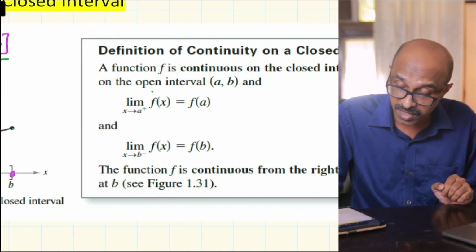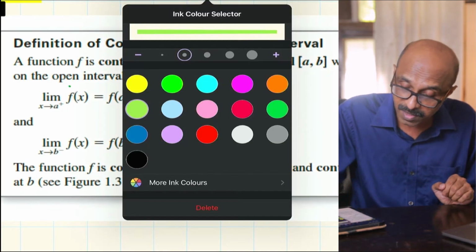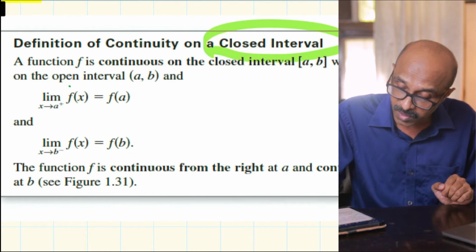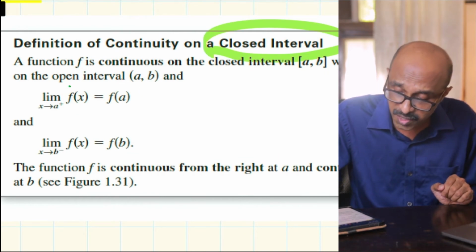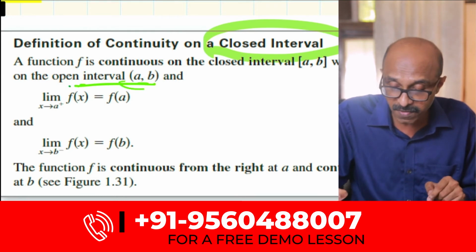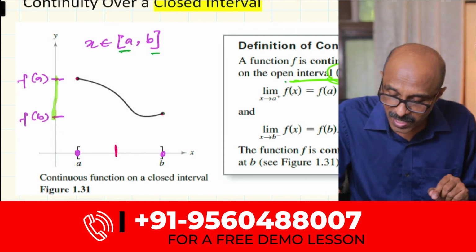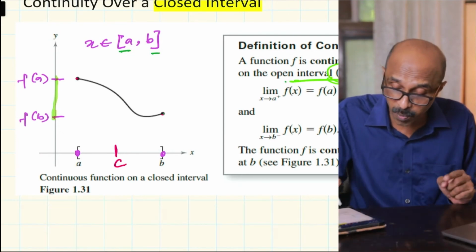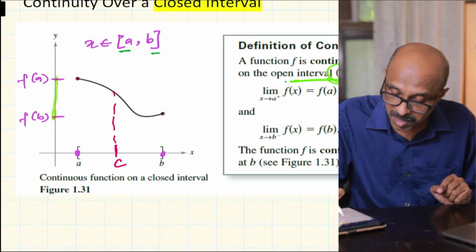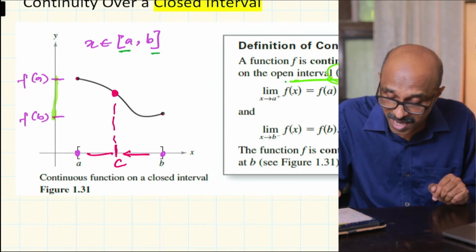So the definition for the continuity of a function over a closed interval, remember we're talking about a closed interval here, is that the function, first of all, must be continuous over the open interval. That means for any point in between a and b, just as we saw for continuity over an open interval, the function must be continuous. Those 3 conditions must be valid for any point in between a and b.